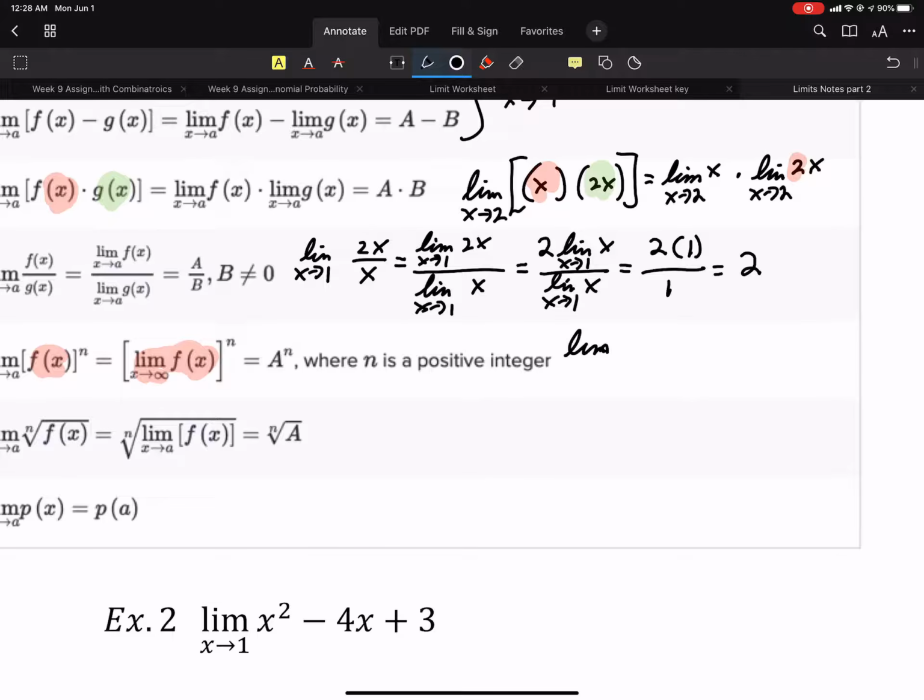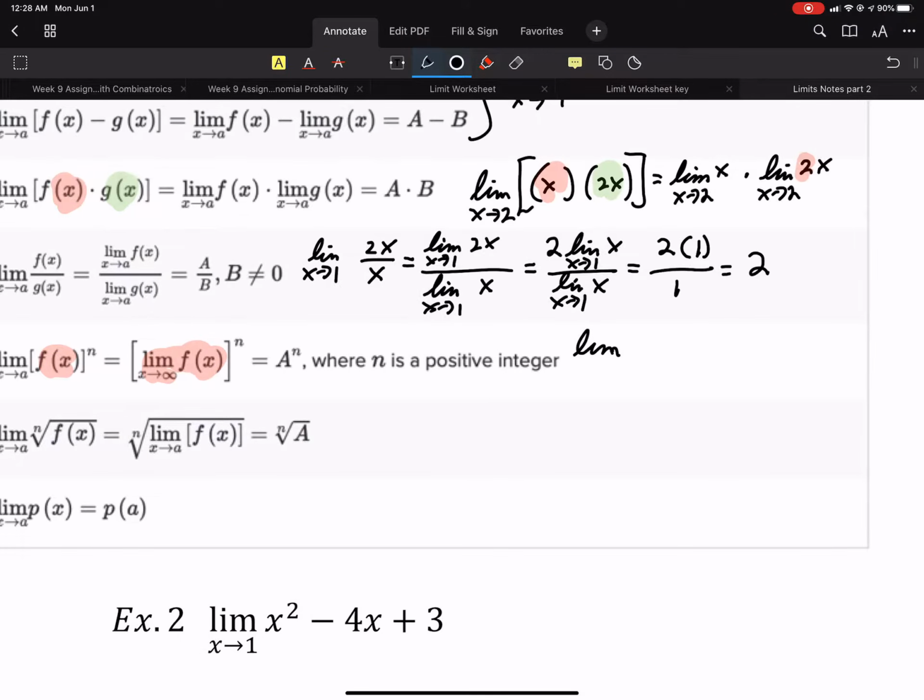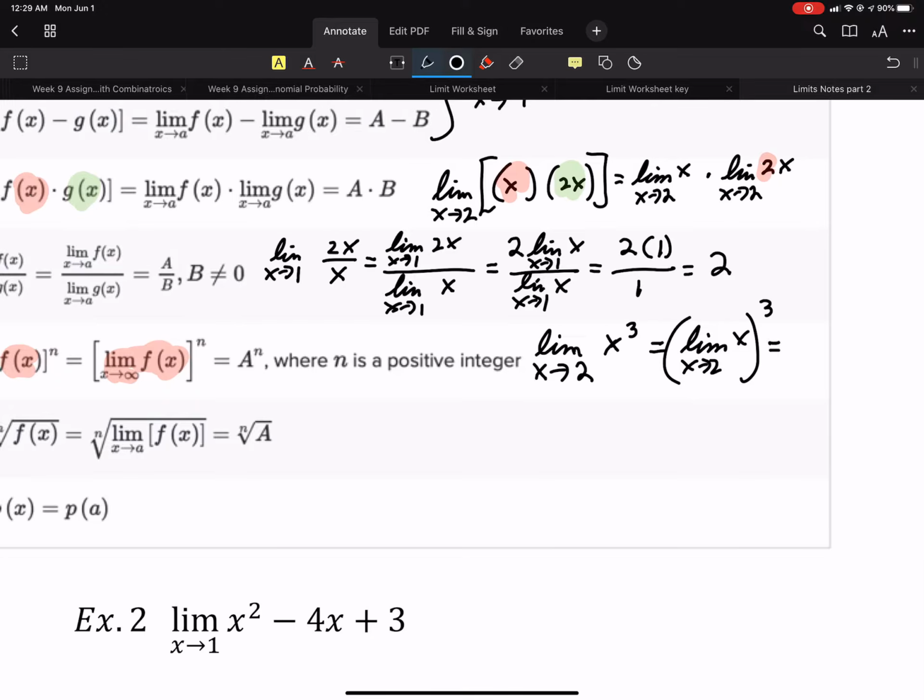I'll take the limit as x approaches 2, we'll keep them simple, and we'll say x cubed. Well, here's the rule. I have the limit of a function to a power. It says I can take the limit of the function and raise that whole thing to the power. Well, the limit of that function on the inside is going to be 2 cubed, so I'm going to get 8.